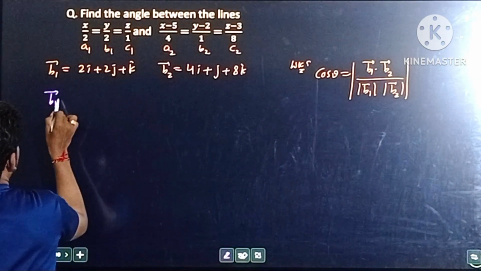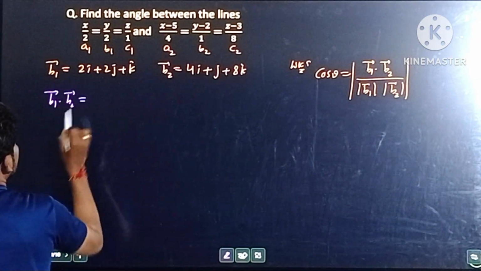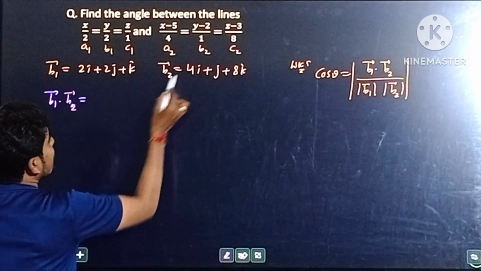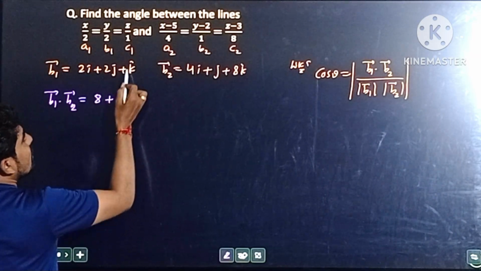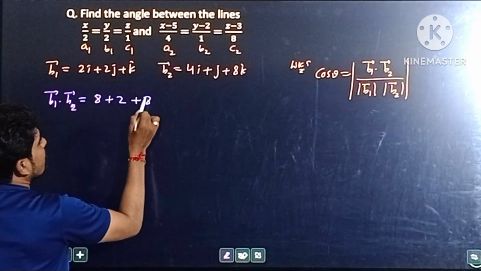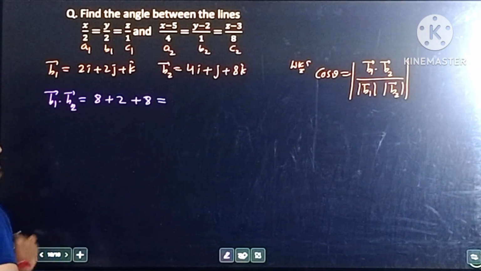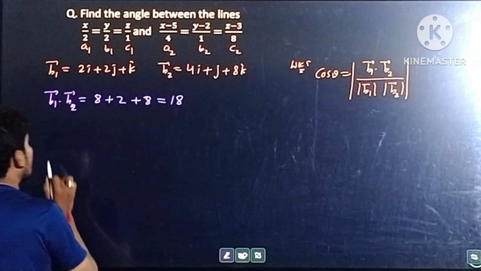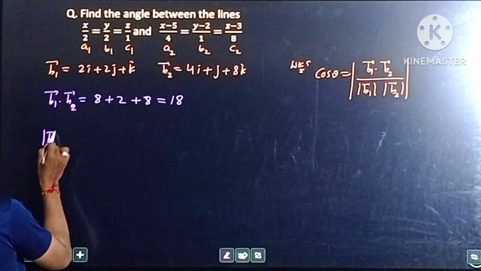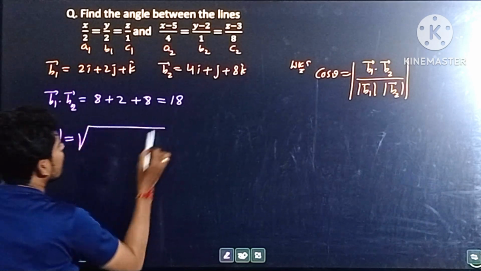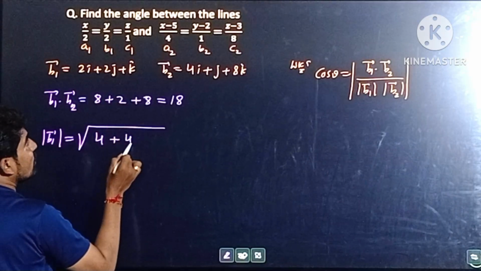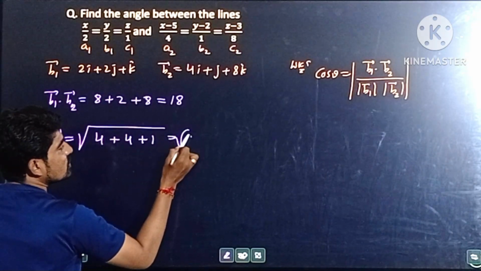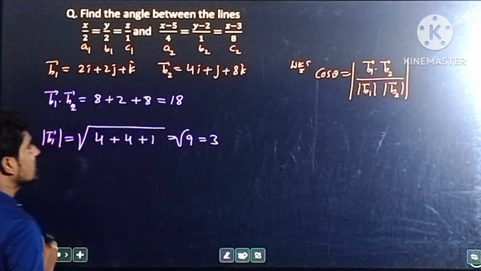So B1 vector dot B2 vector is equal to 2 into 4 is 8, plus 2 into 1 is 2, plus 1 into 8 is 8, which is equal to 10 plus 8, 18. And we need the magnitude of B1 vector. So the magnitude of B1 vector is the square root of 2 square 4 plus 2 square 4 plus 1 square 1, which is equal to root 9, which is equal to 3.